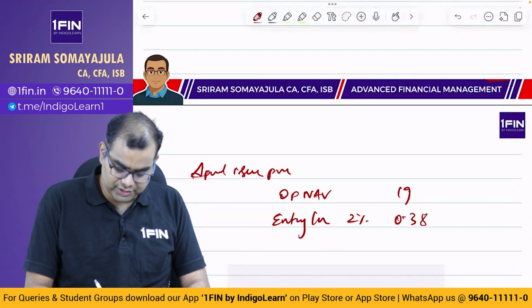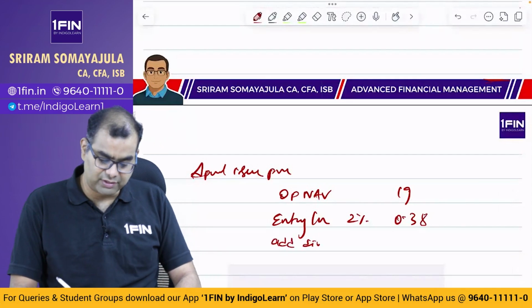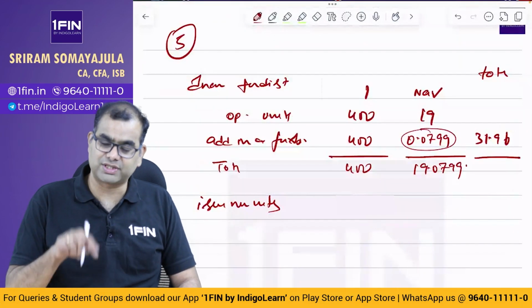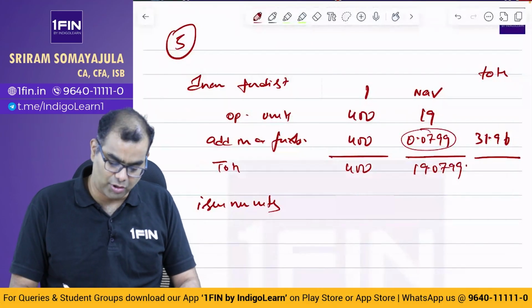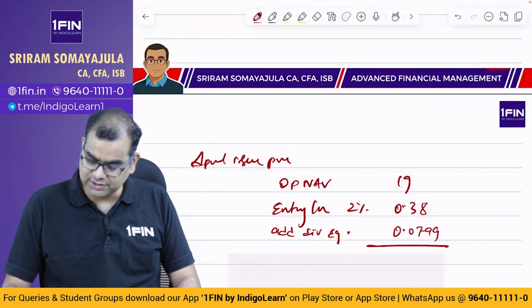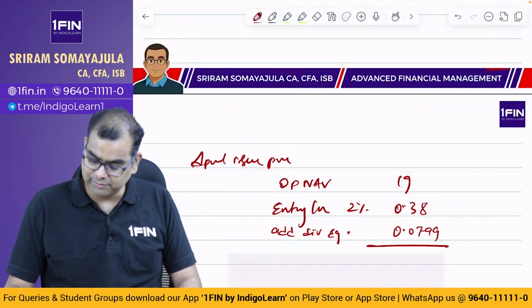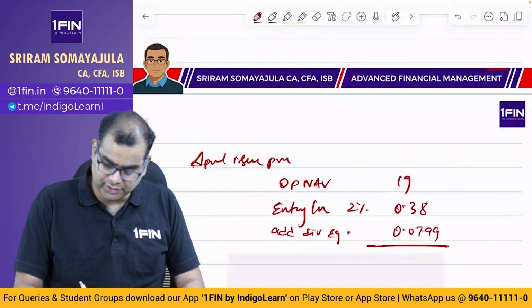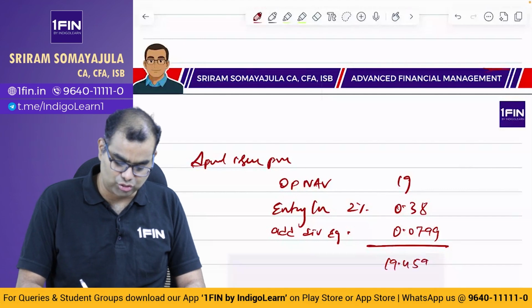Add dividend equalization. What is dividend equalization? Because there is a dividend of this much, this fellow, whoever is coming in, also has to pay this much. So 0.0799. If you add all of this, 19 plus 0.38 plus 0.0799, you get 19.4599. This is the issue price.